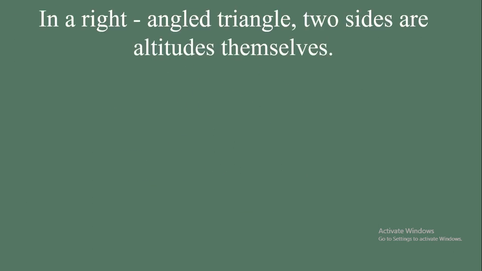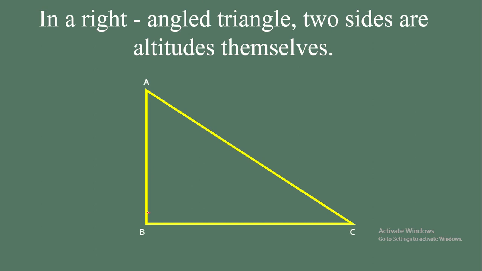Now if we take the case of a right angled triangle, we know that in a right angled triangle one of the angles is 90 degrees. So here, if we consider ABC as our right angled triangle and try to draw a perpendicular from vertex A, its opposite side is BC, and AB is the altitude that can be drawn from this vertex A. So AB is considered as the altitude, then BC becomes the base.